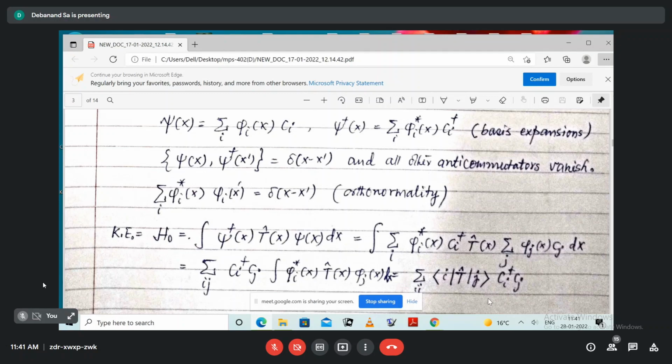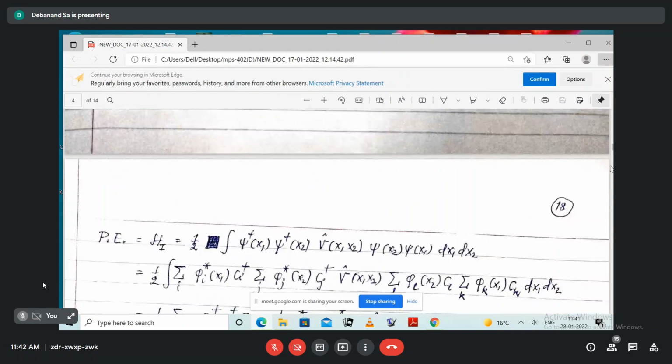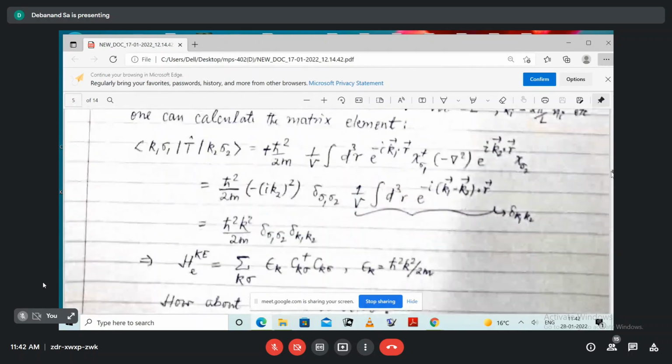So now, because K1 and sigma 1 are dummy variables, you can just put it K and sigma. That's what I have done here. So your single particle kinetic energy Hamiltonian looks like this: the single particle energy eigenvalue becomes the matrix element of the kinetic energy operator, and this is Ck sigma dagger Ck sigma.